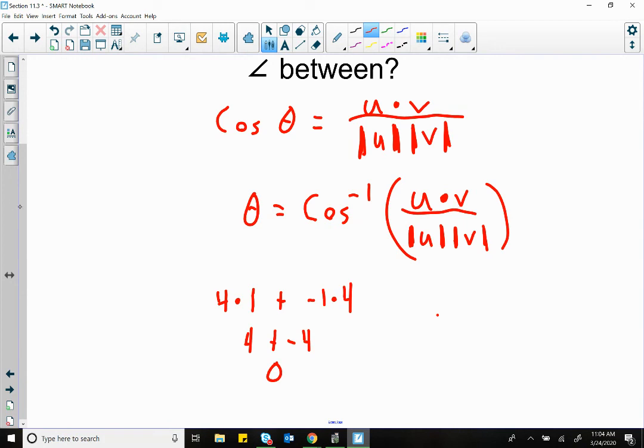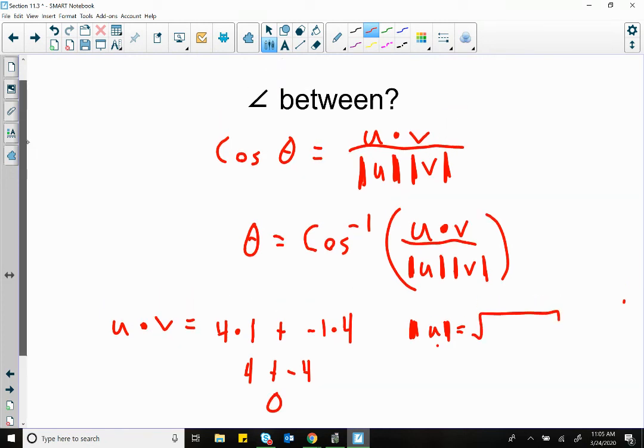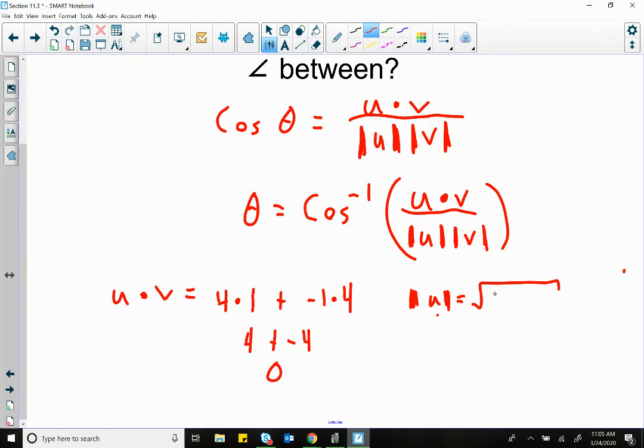If you find the magnitudes, okay, remember magnitude is the square root of a squared plus b squared. So this right here, let's mark this out. This is the dot product. Fix my V. So the magnitude of U equals the square root of 4 squared plus -1 squared.